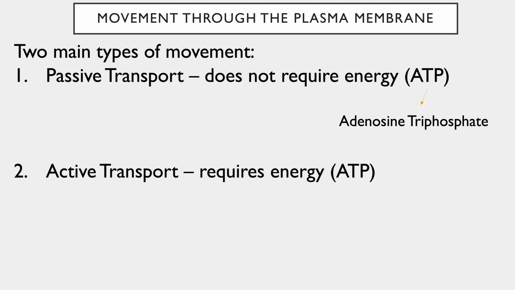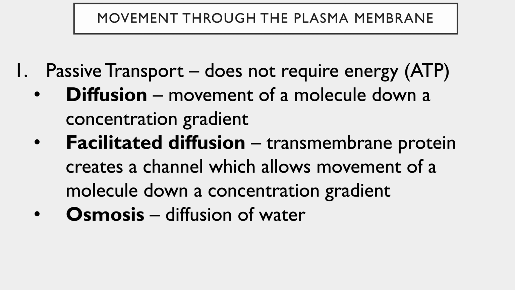ATP again standing for adenosine triphosphate, which we will come to learn a little bit more about in future chapters. The second type of movement is called active transport, and this does require energy or ATP. So with passive transport, which doesn't require energy, there are three main categories. The first being simple diffusion.